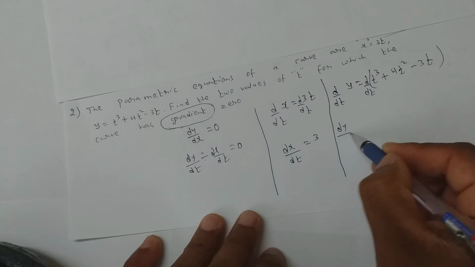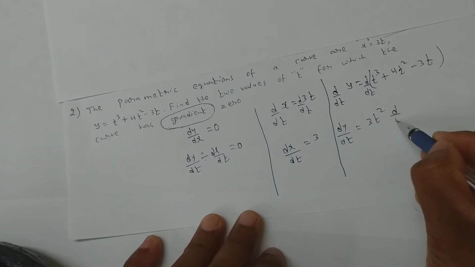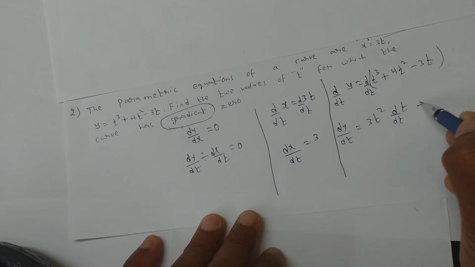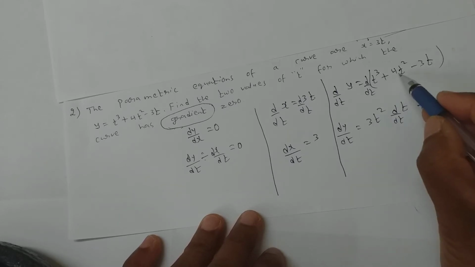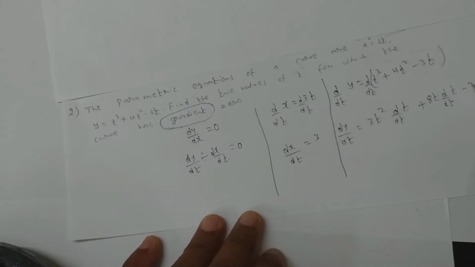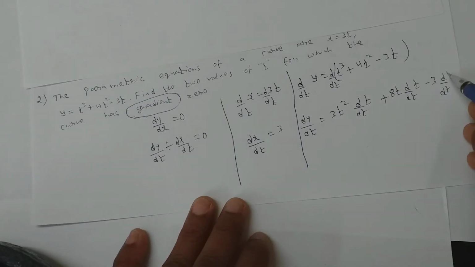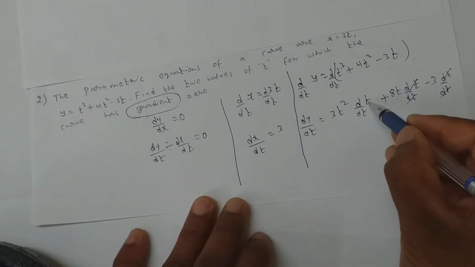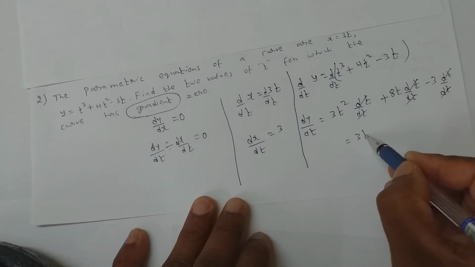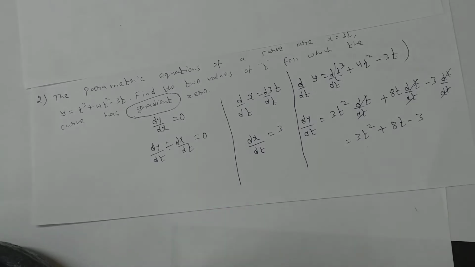So dy by dt equal to 3t square into d by dt of t, plus 4 into t square is 2t, so it becomes 8t into d by dt of t, minus 3 will be out, d by dt of t. Now this gets cancelled, so it is 3t square plus 8t minus 3.